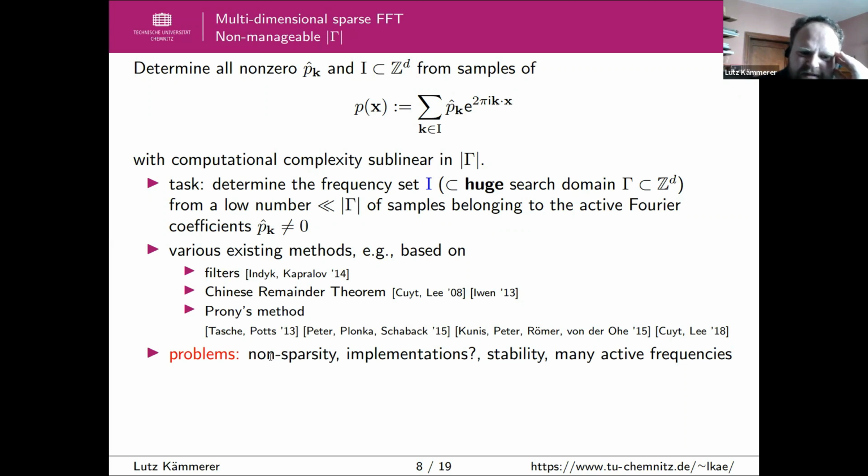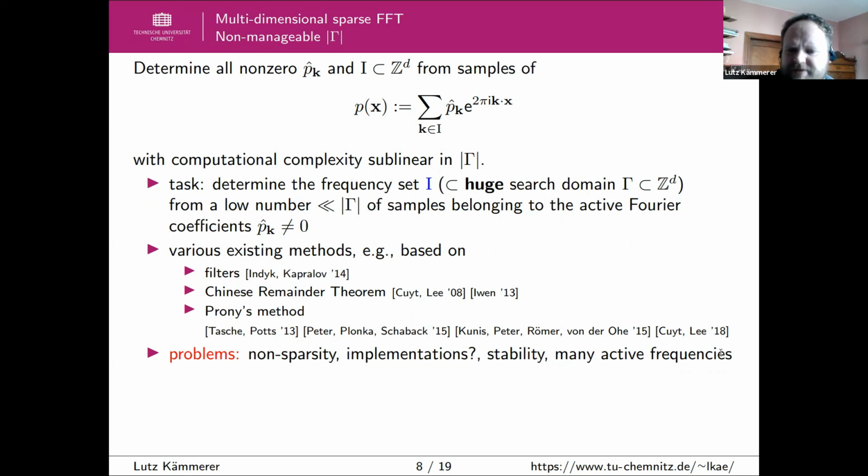For some methods, numeric tests show that non-sparsity is a problem, or there are no implementations, maybe because they are not interesting, since there are constants that badly depend on the dimension. Stability is clearly a problem. We do not know the theoretical things about our method, but lattices are usually stable. So there's hope that this can be a stable method somehow.